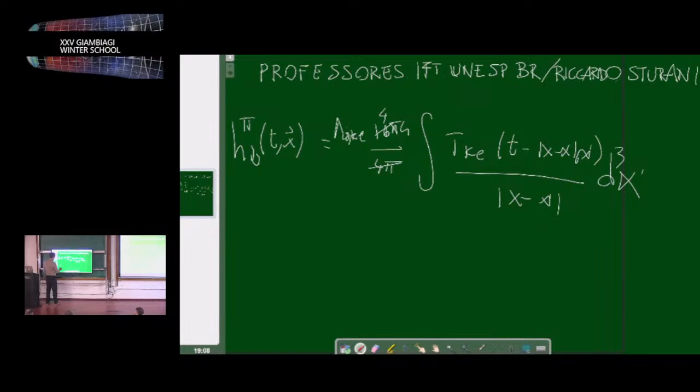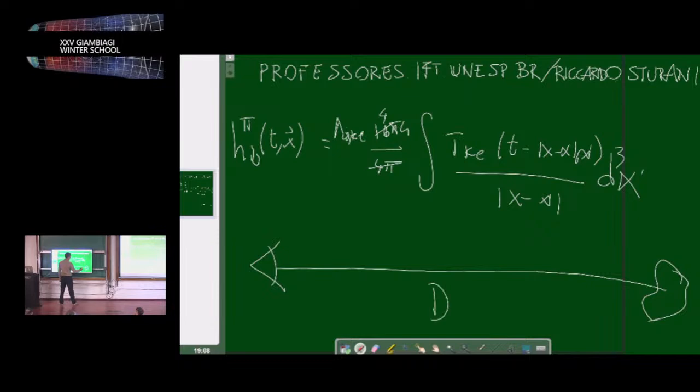And then you remember we look at the observer, and the source is somewhere here, and then we have this huge distance, d, well, we always call it r. Let's call it r. You have this huge distance, and then we have x prime that runs over all the points of the source.